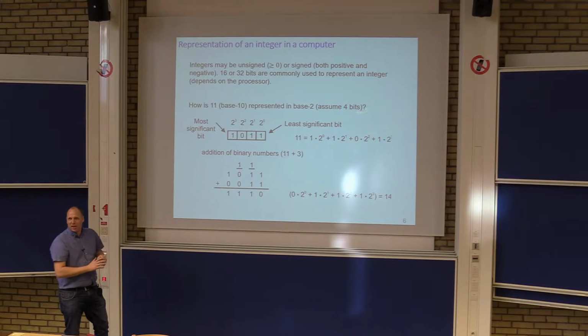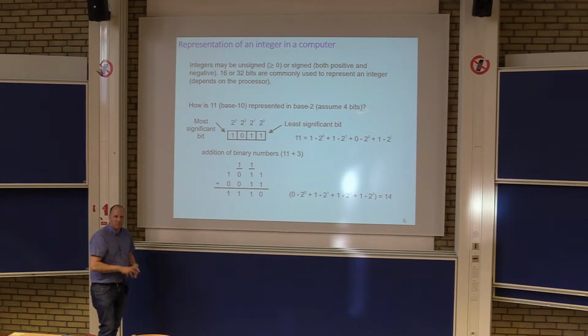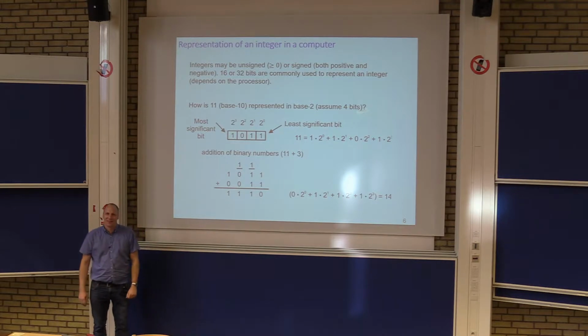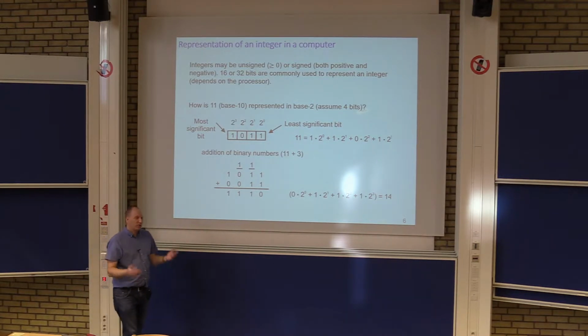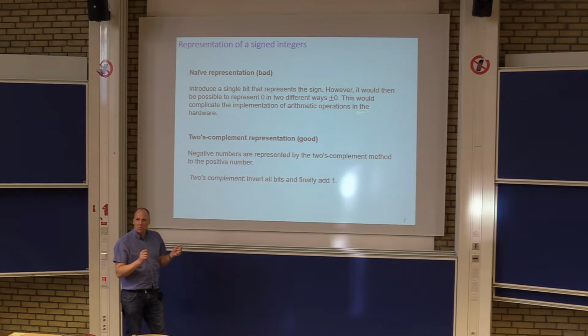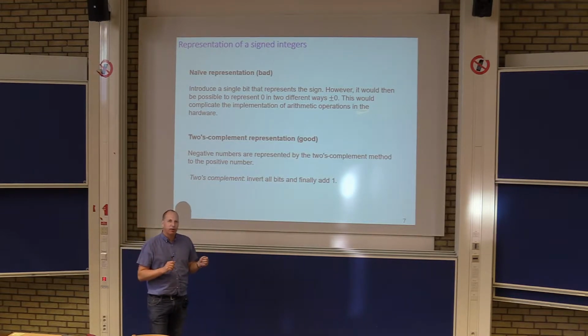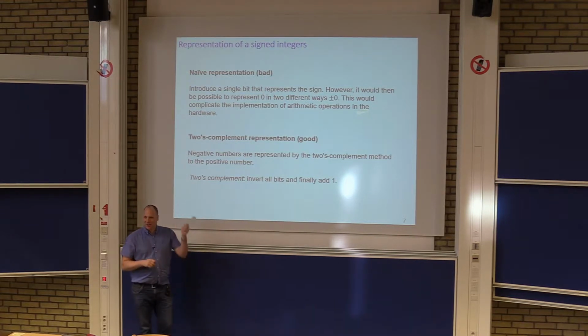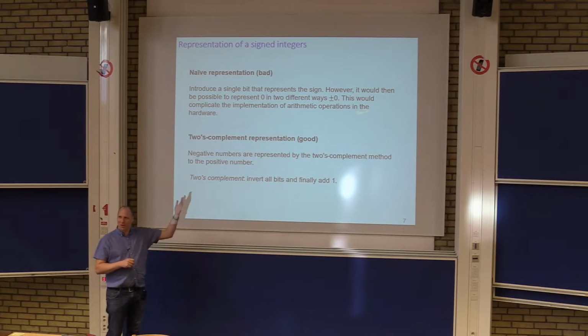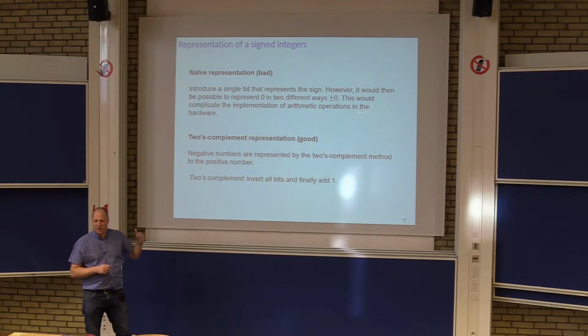So how do we then represent negative numbers? Of course, a naive way would be to just have an extra bit that represents the sign. So if the last bit was 0, it would be positive, and if it was 1, it would be negative.